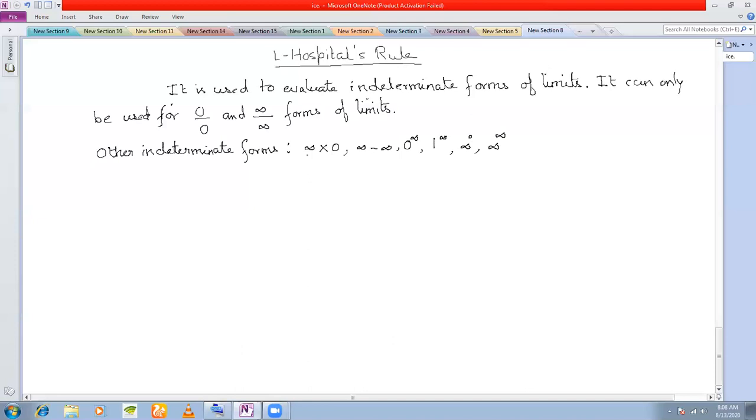Now, what to do with these indeterminate forms? These indeterminate forms actually cannot be evaluated directly by L'Hospital rule. What we do is we convert them.